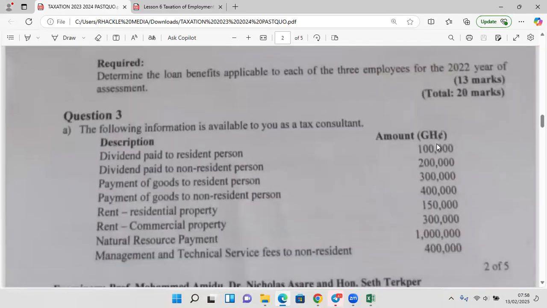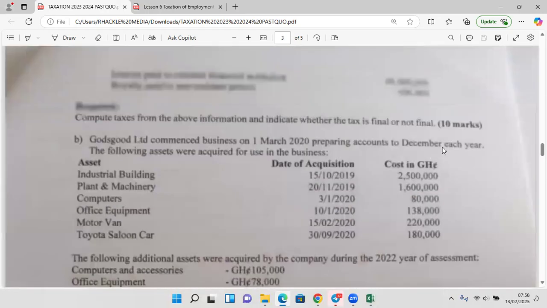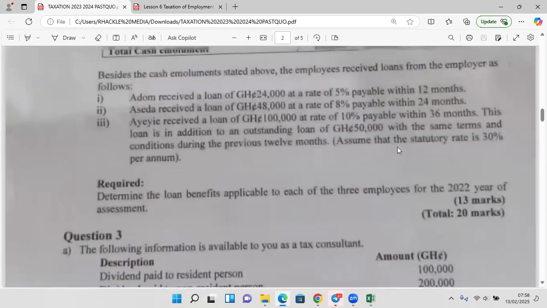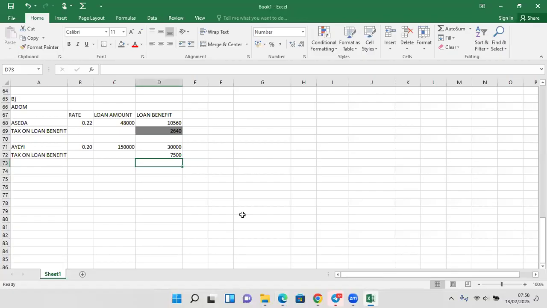So these are the figures or the amounts in here. These are the amount. So this goes for 10 marks. So what we are going to do is we are going to create a table.